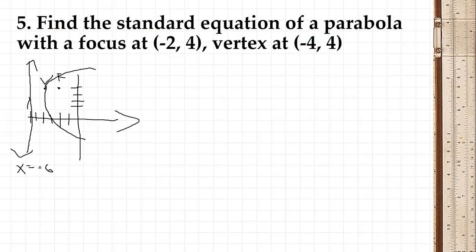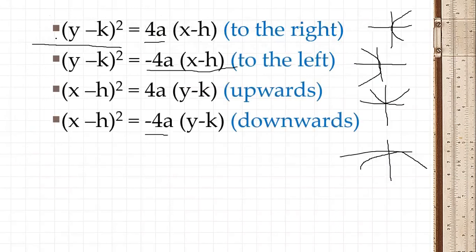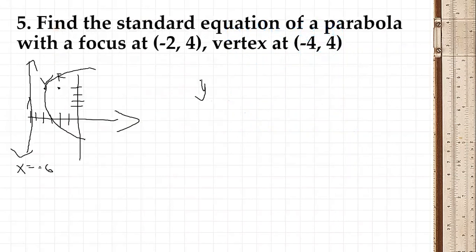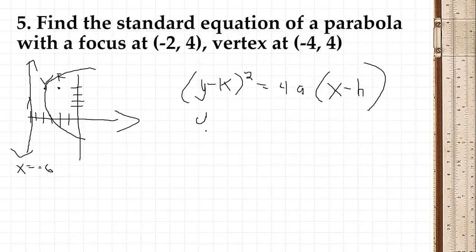Okay, to the right, meaning our formula or standard equation to be used is (y minus k) squared is equal to 4a multiplied by (x minus h). So our vertex would be (h, k).